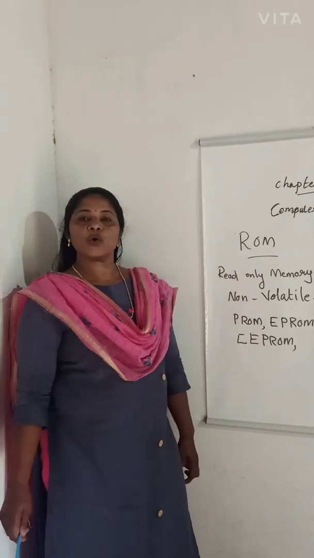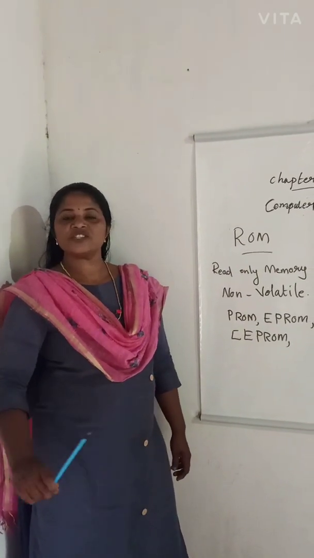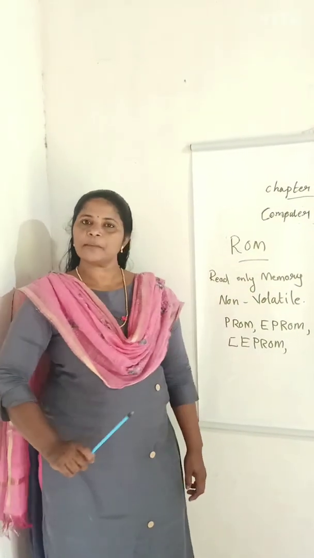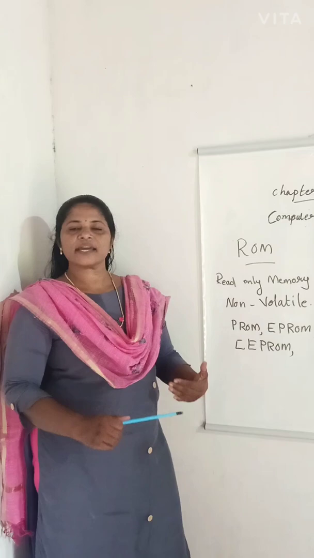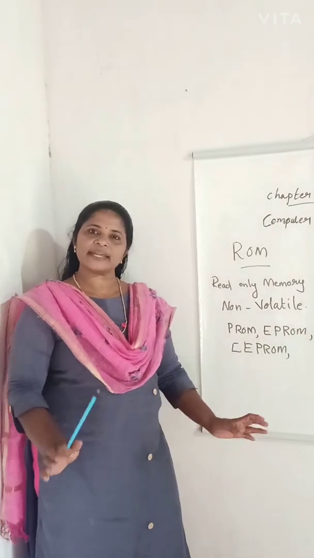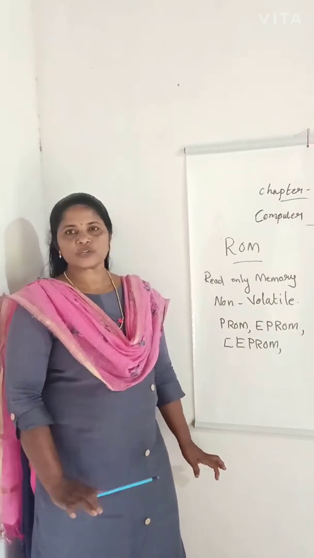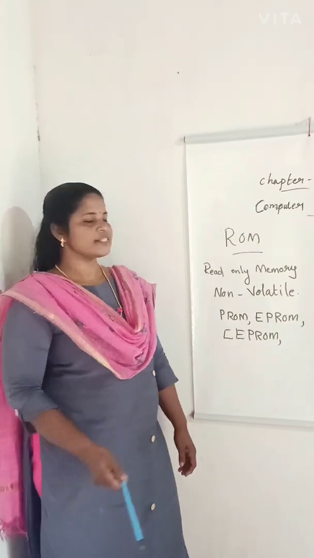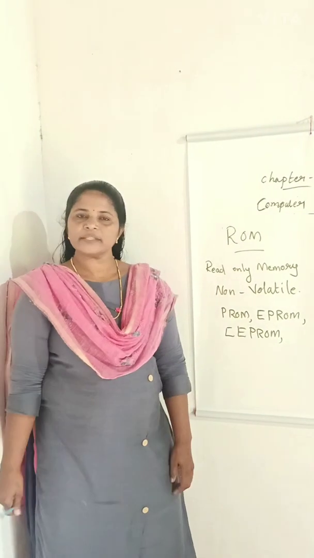The data stored in the ROM is not changed by the user. So, it is a non-volatile memory. When you save data in ROM and the computer is switched off, the data remains in the ROM. It is not possible for the user to change the data in the ROM.